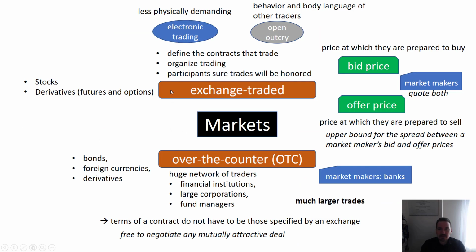And if we are comparing the different markets, organized markets are traditionally the exchange traded markets, but nowadays, during the last 20 years, many OTC products are converging towards exchange traded markets as well.